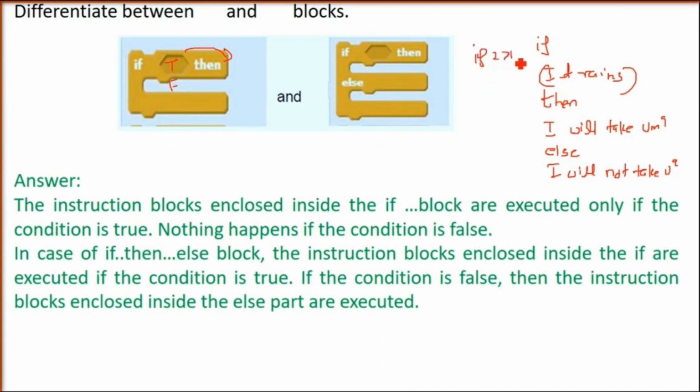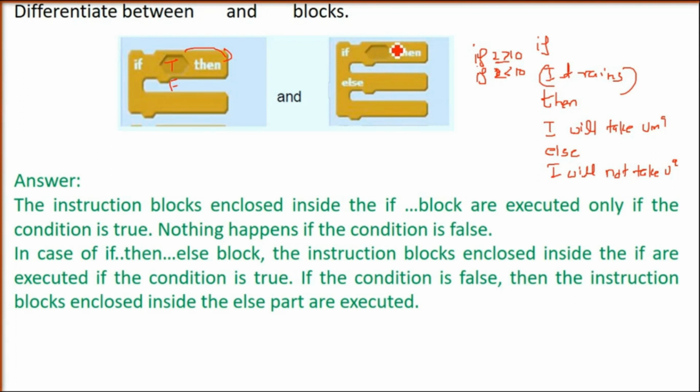Right? I'll give you one more example. If 2 is greater than 10, this is a false condition. 2 is not greater than 10. Then something will happen if 2 is greater than 10. But if 2 is not greater than 10, it's less than 10, the condition is false, and you have to have some else. In the first case, nothing will happen, because 2 is not greater than 10. No action is taken.